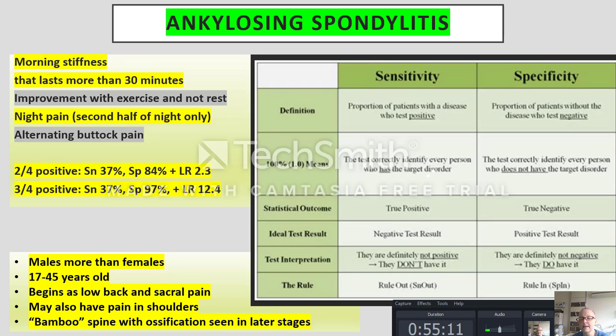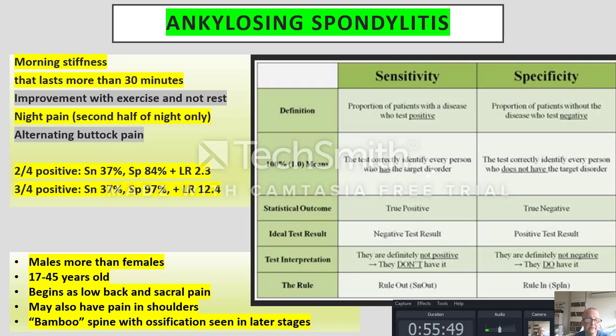So it looks like the specificity is high in both of those studies, which is the proportion of the patients without the disease who test negative, which means the test correctly identified 94% of those who do not have ankylosing spondylitis. So 95% tested correctly negative.